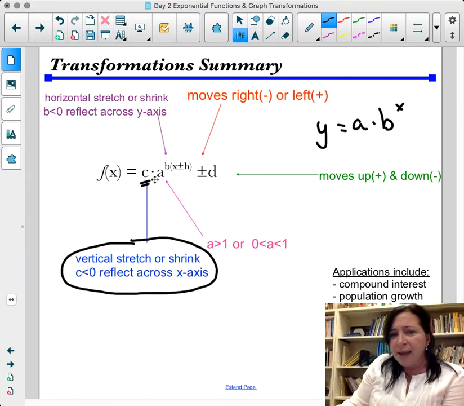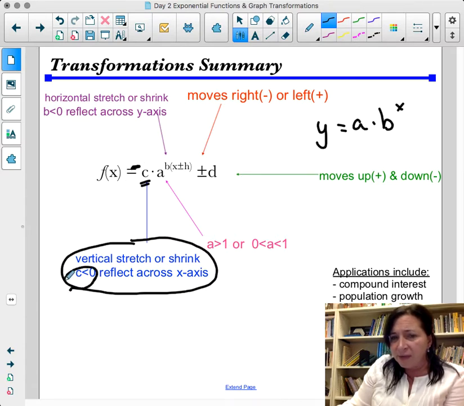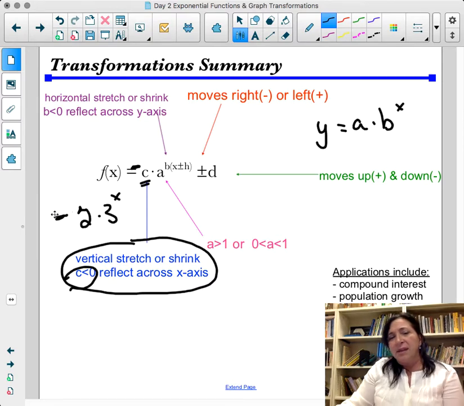In addition, if the value in front of the equation is negative, meaning it's less than 0, let's say negative 2 times 3 to the x power, this value would reflect the graph across the x-axis.